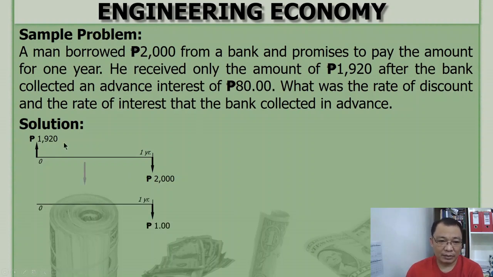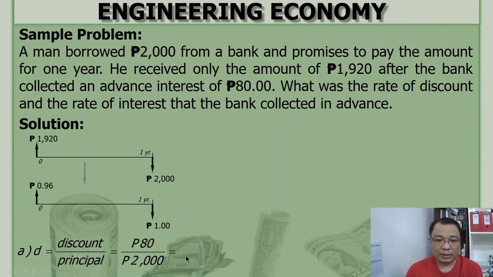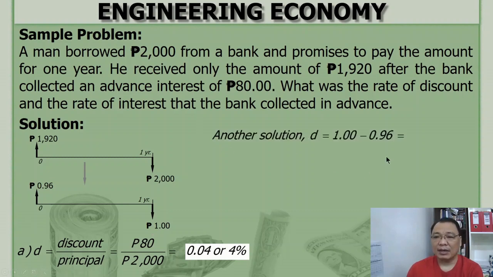The result is 1,920 divided by 2,000, that's 0.96. To get the discount, discount over principal, that's 80 over 2,000, and the answer is 0.04 or 4%. Another solution: 1 peso minus 0.96 is 0.04 or 4%.